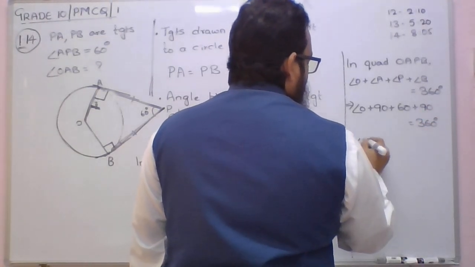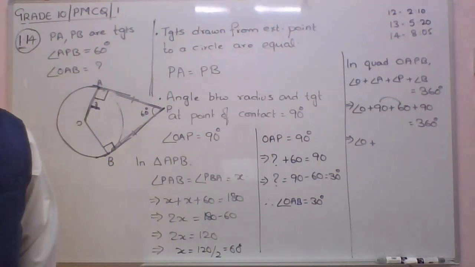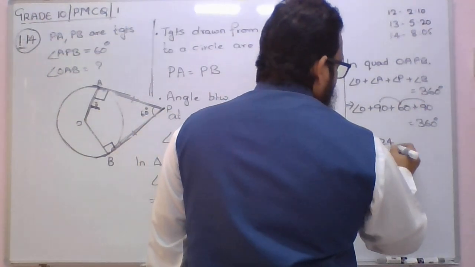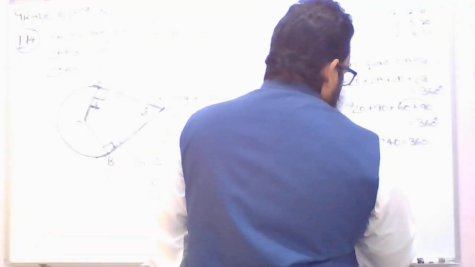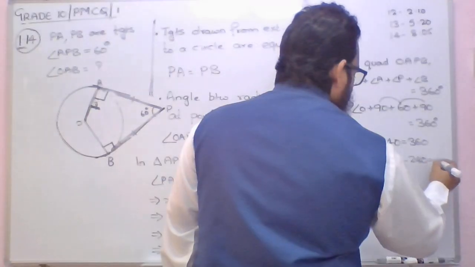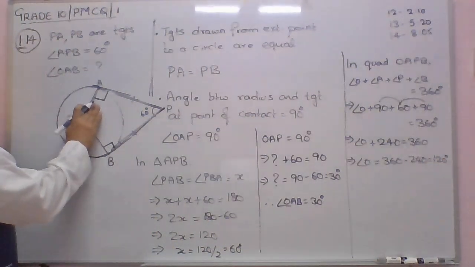That implies angle O plus 90 plus 60, 150. 150 plus 90, 240. 240 is equal to 360. That implies angle O is equal to 360 minus 240, that is equal to 120 degrees. So what is the angle over here?